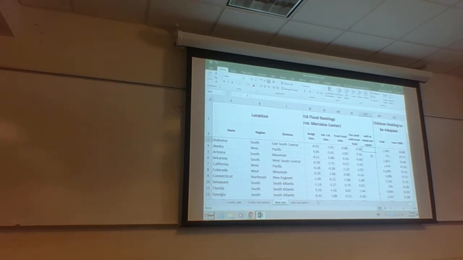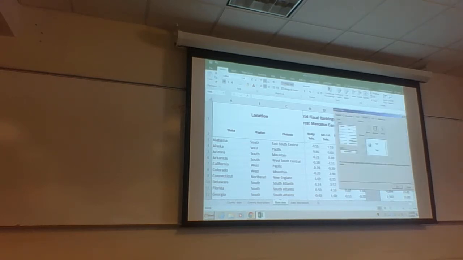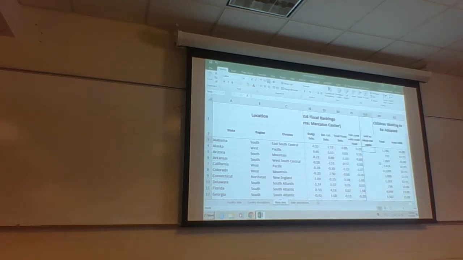Okay. So I want to move this away. How would I find adopt per capita? What should my first step be? How do I figure that out? Anyone?